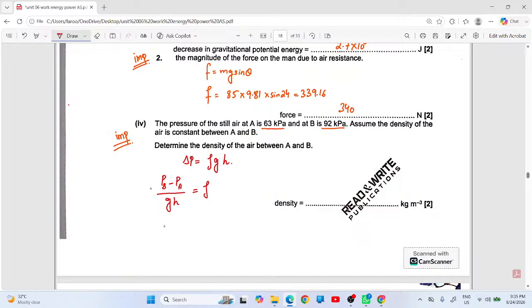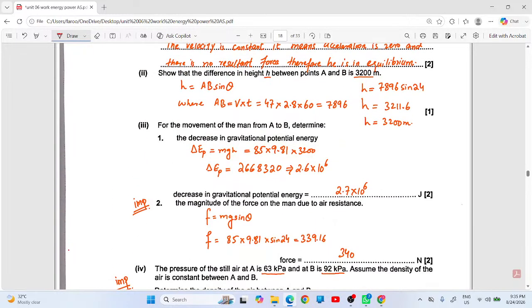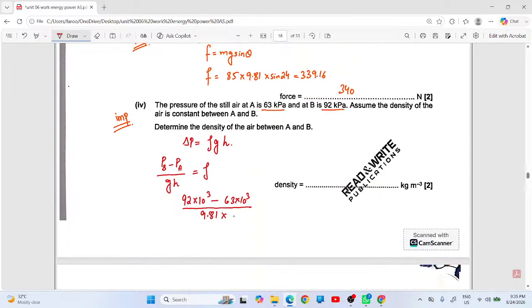Now the pressure at B is 92 times 10 raised to power 3, minus 63 times 10 raised to power 3, divided by 9.81 multiplied by the height. Height is 3211.6, take the actual value.